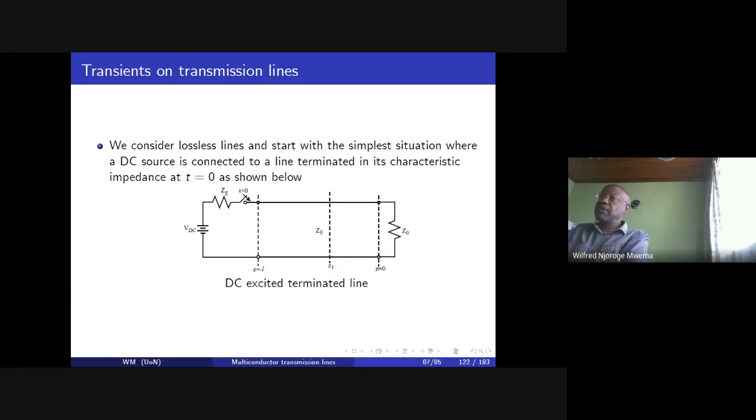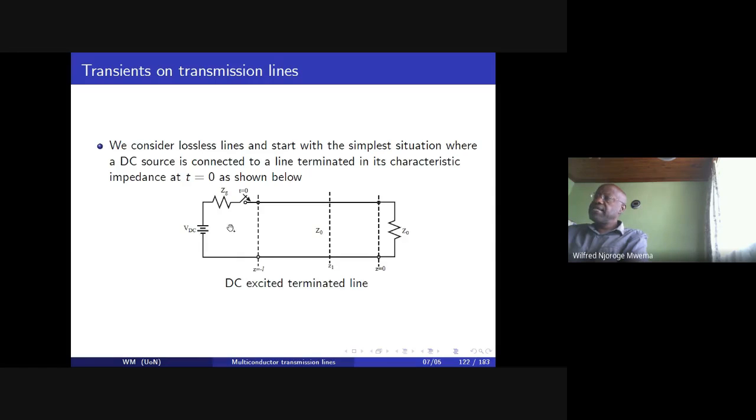in two ways. We'll consider lossless lines, and we'll start with the simplest situation where the line is being operated, that is, we are connecting a DC generator to a resistive load, Z0, okay? And we switch it on at time t equal to 0 as shown there.